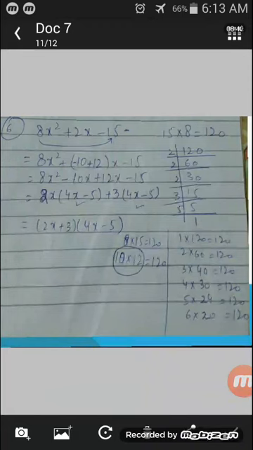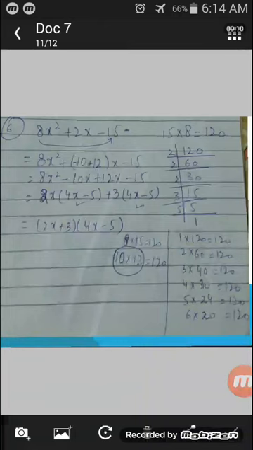You choose two numbers whose product is 120, and when you subtract the two numbers, the result will be plus 2. After factorization of 120, 10 and 12 are the two numbers from which we will get the desired result, like minus 10 plus 12.